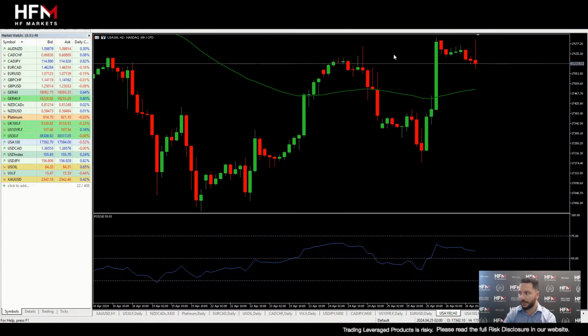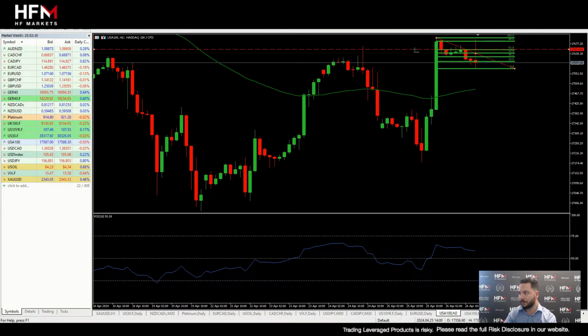So we can see it's retraced, but we're above the 75 bar exponential. We're also above the oscillator as well, the RSI. What you can do is, this is the high, this is the low. As soon as it breaks above the 61.8 again, okay, we will also do this method on a smaller time frame.